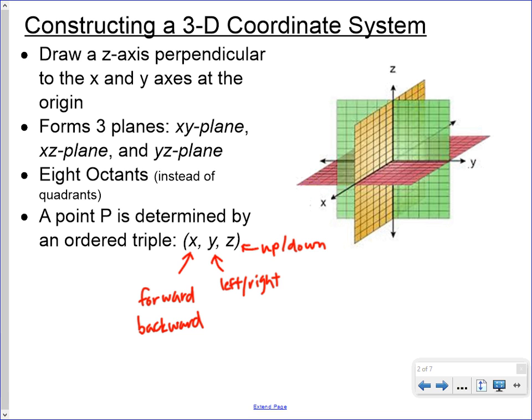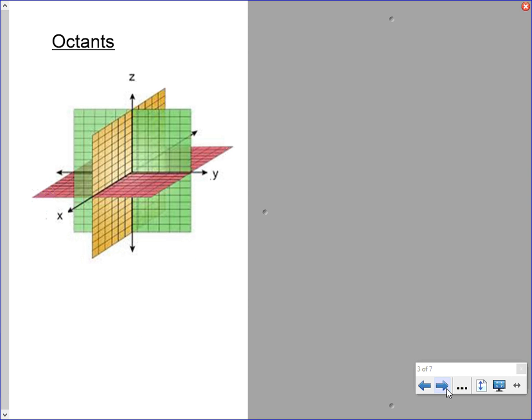The next slide, I'm going to go through and name the octants. I'm actually going to start with this image that I have with the planes in the picture, because I think that's really helpful in the description that I give, where I think about the octants as rooms. So here's what you need to know about naming the octants. You start on the top floor.